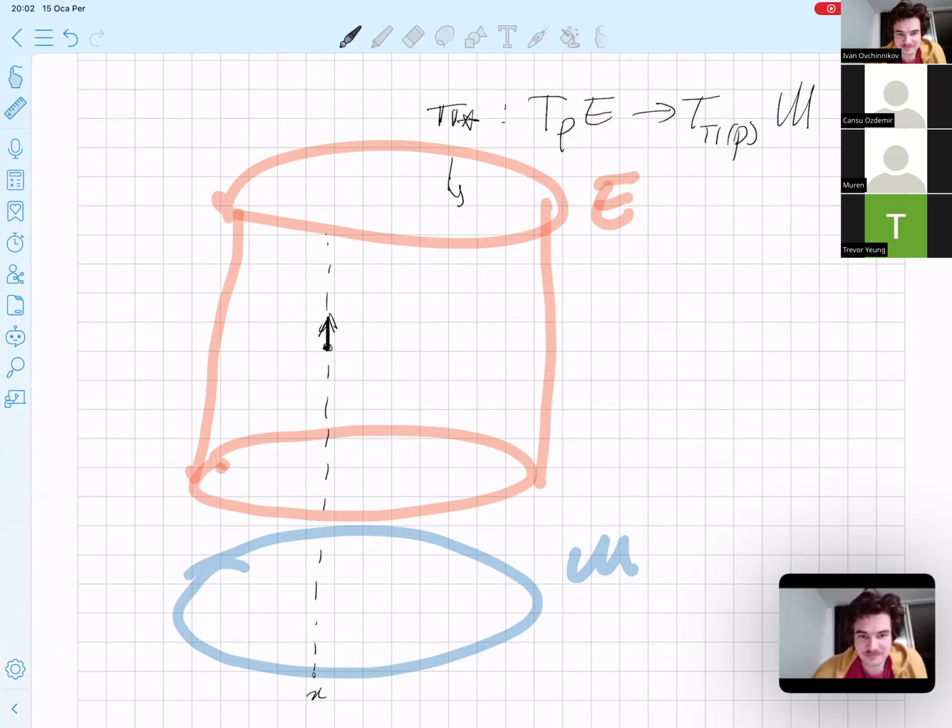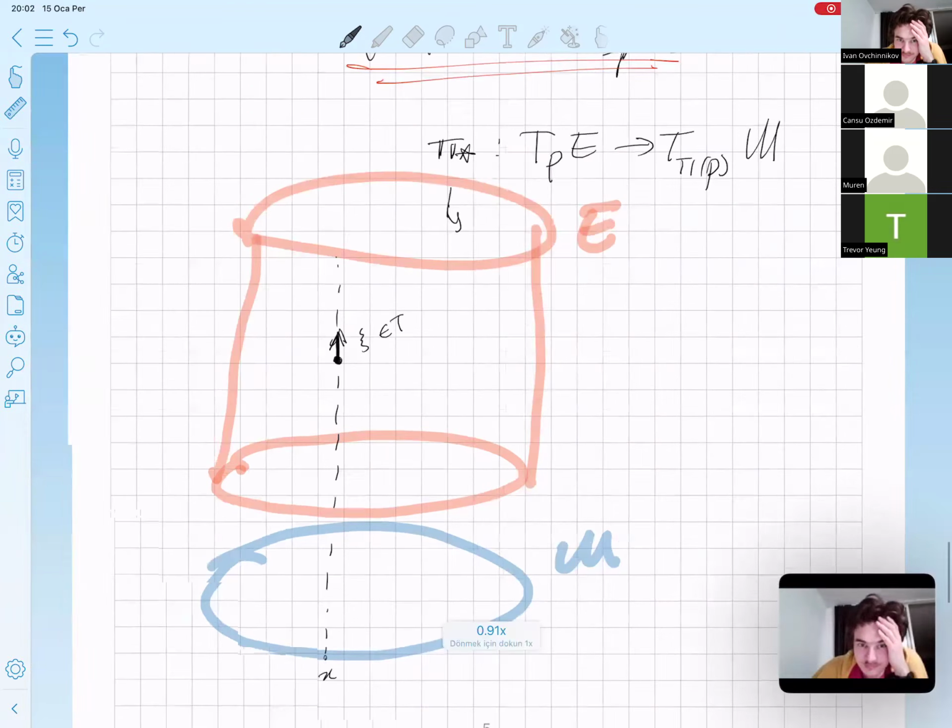This is tangent to this point. This guy is xi.